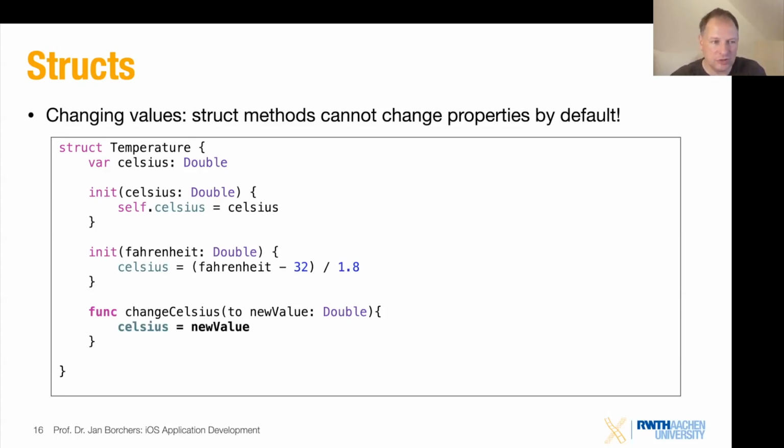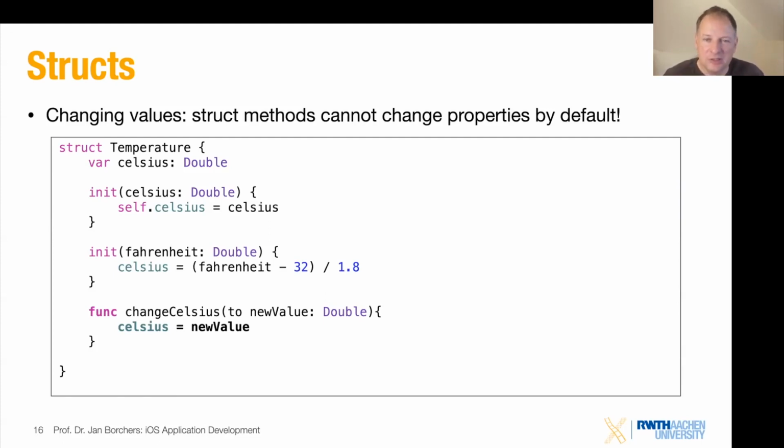So my temperature struct here with the Celsius member variable and these two initializers, if I add a member function to it, change Celsius to a new value, you might think that should work, right? I just changed the variable. That's the whole point of encapsulating data and functions, right? So they can work on that data without doing this from the outside.